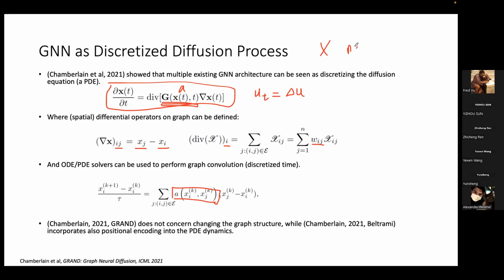It's a matrix. And here we can say this would be a d-dimensional vector. Yeah, we can say this is a d-dimensional vector, basically the difference between the node features.